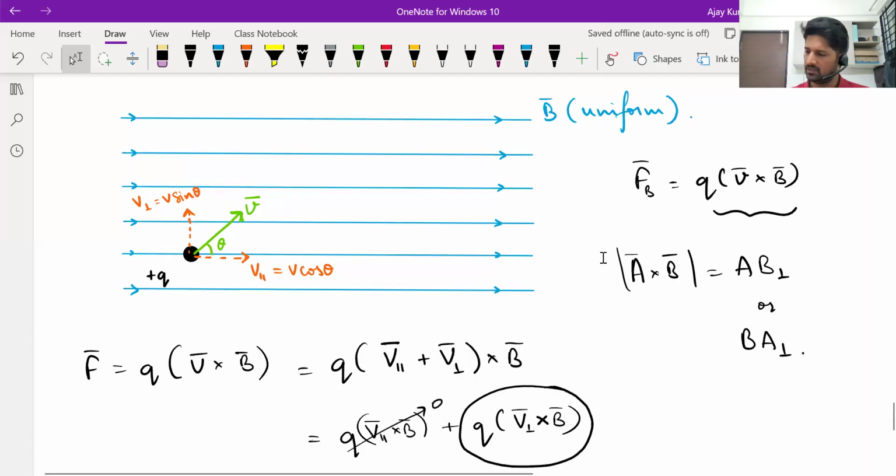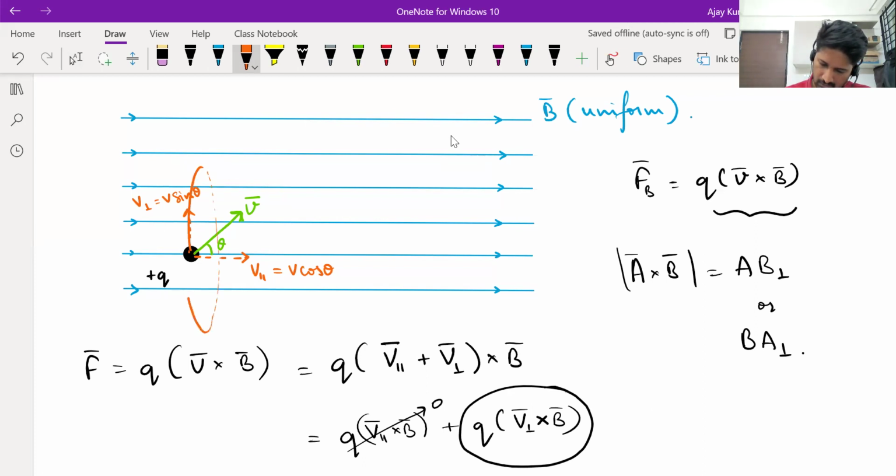So as a result of the magnetic force acting on it, this charged particle moves in a circle in the yz plane like this. You need to assume the magnetic field exists there also.